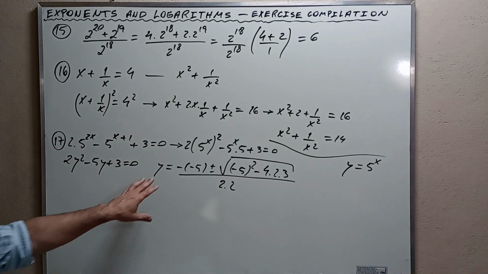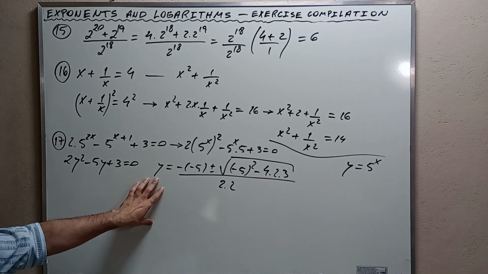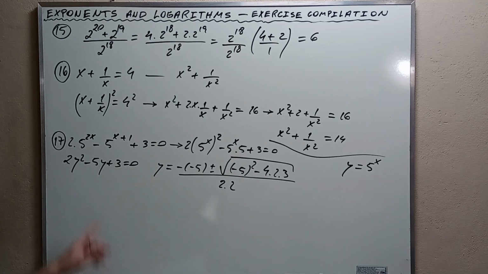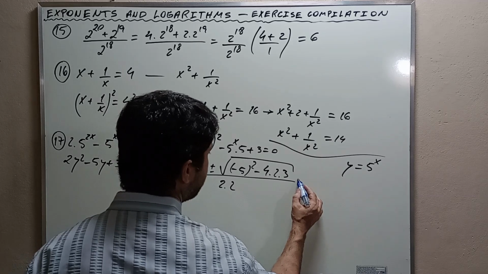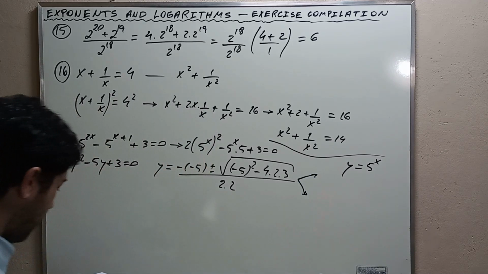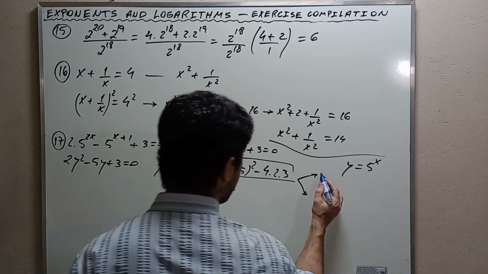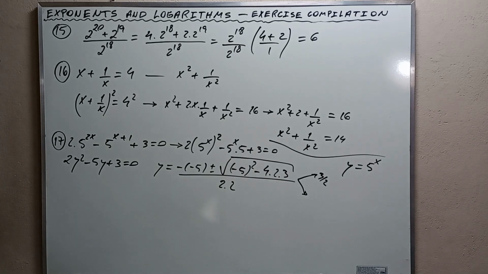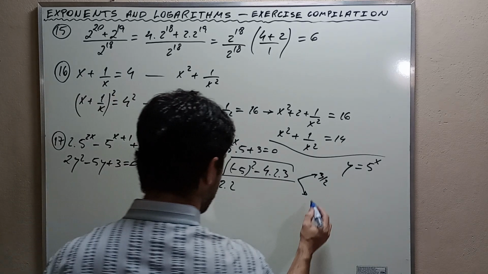Okay, this is the expression we learn frequently in high school, how to solve the quadratic equation. And this has two solutions. Solution number 1 is 3/2, and solution number 2 is 1.